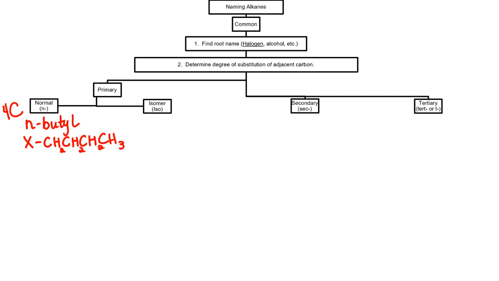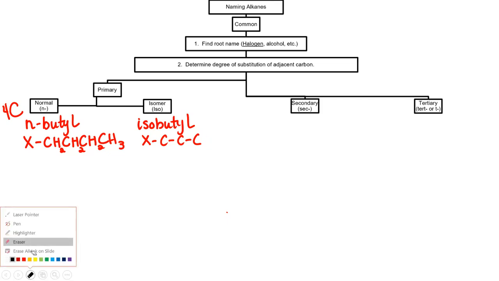So there's our N-butyl. How do we make isobutyl? Well, isobutyl needs to remove one of the 4 carbons off of the end of the chain and put it elsewhere on the chain as a branch to make an isomer. If you were to place the carbon right here, you would actually still have 4 carbons in a row.